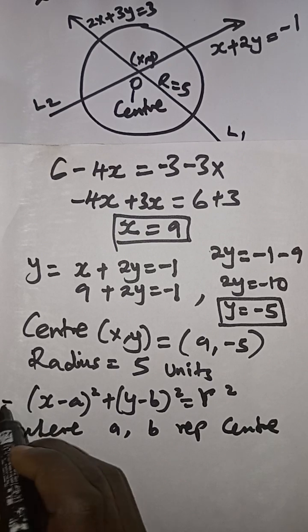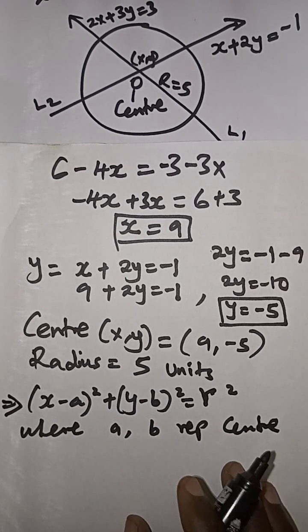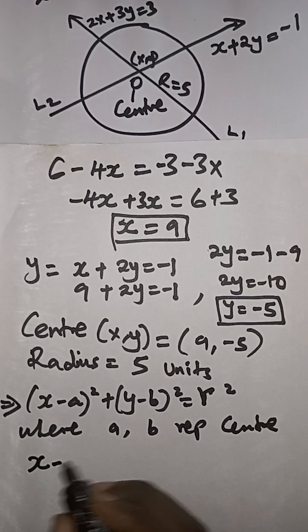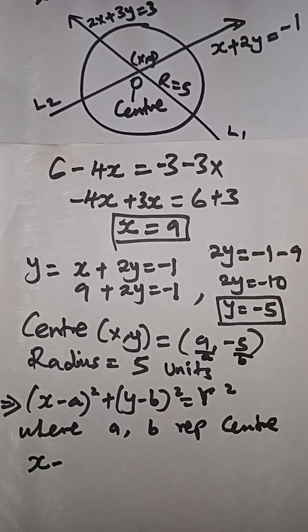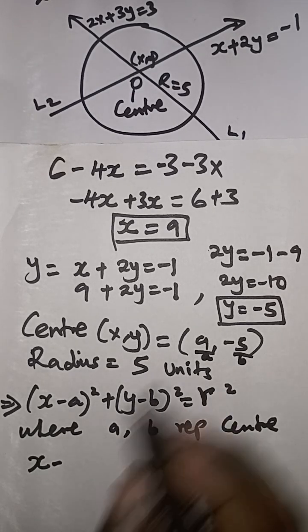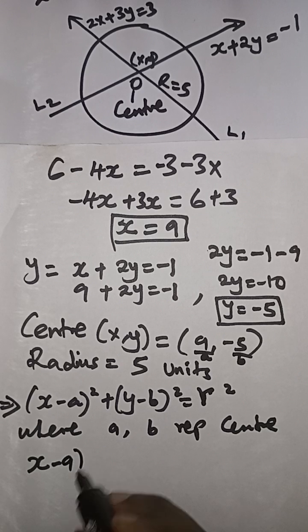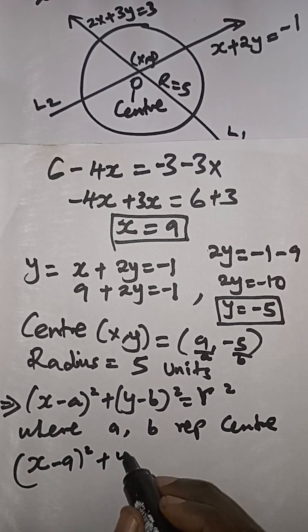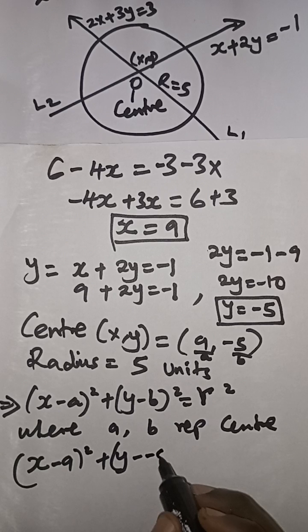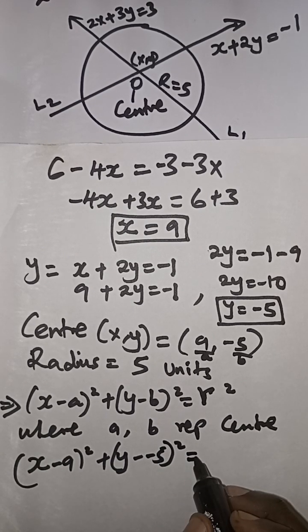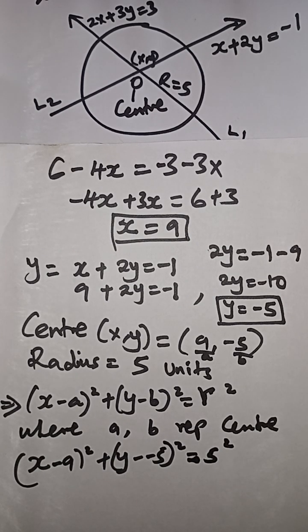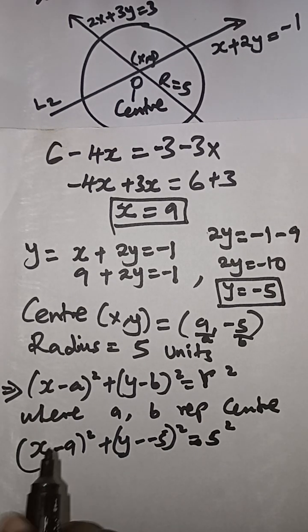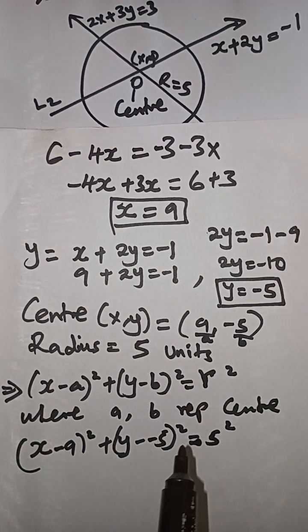Substituting this in the general equation, I end up with (x minus 9) squared plus (y minus -5) squared equals the radius squared. So meaning for me to get the final equation, I'm going to expand and collect the like terms.